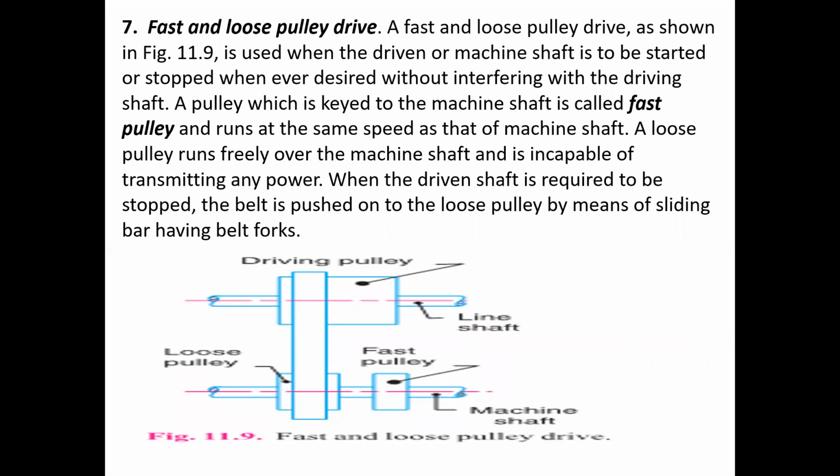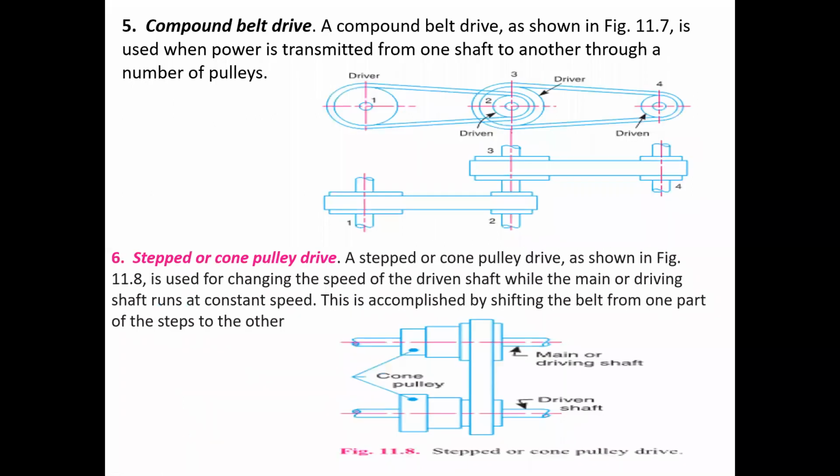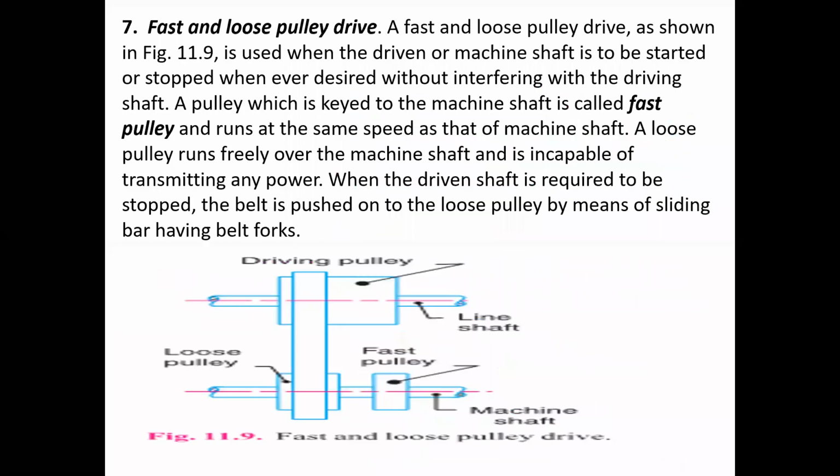So that is what we discussed here: the open belt type, crossed belt type, belt drive with idler pulleys, compound belt drive and cone pulley drives. Whatever types are there, all of those are generally seen in our flour mills.